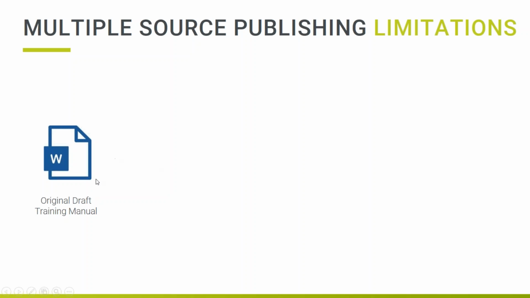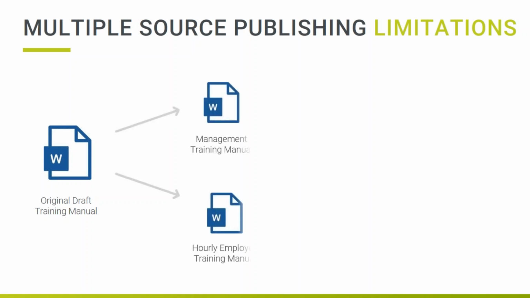So the challenge that we have in Word is we may write a manual, and it's brilliant, everybody loves it, and then the phone rings, and it's the executive team, and they say, we really need a second version of that. So you end up copying or cloning the entire manual, all 200 pages, even though only 5 pages are going to be different. So now I have 2 manuals and 195 pages are identical.